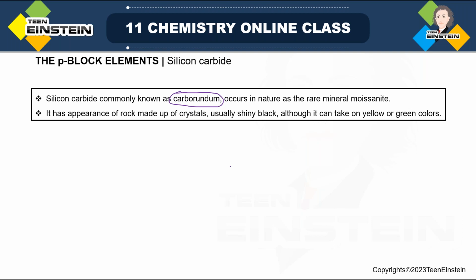Now this carborundum occurs in nature, the natural form is a rare mineral known as moissanite. So moissanite is the silicon carbide mineral, which is the main component of this mineral. Appearance is rock-like, made up of crystals, usually shiny black, although it can take on yellow or green colors.